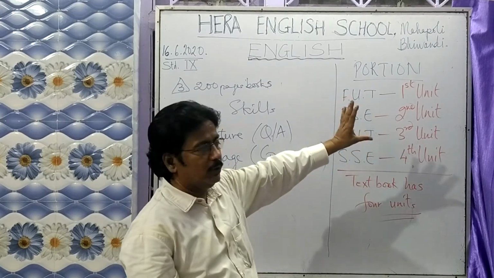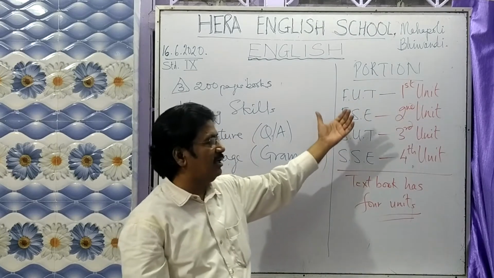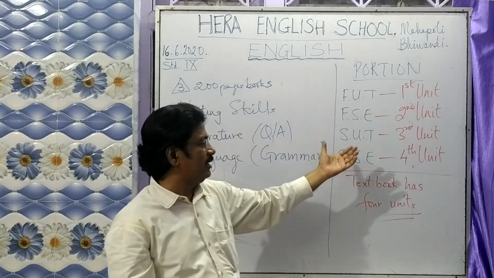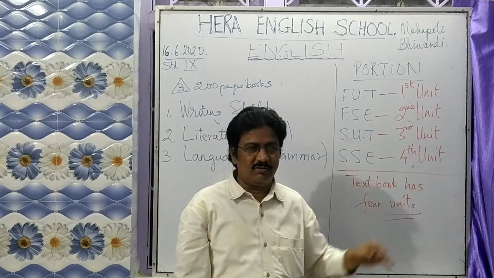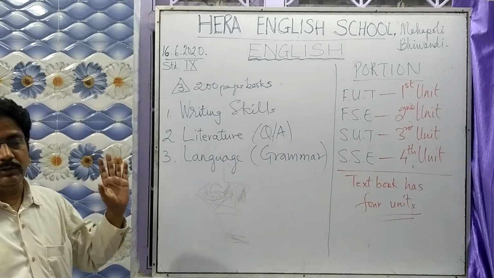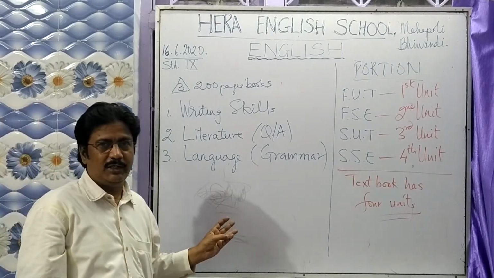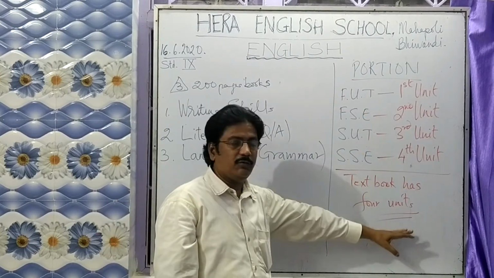This is your portion for the whole year. First unit test, first unit, first semester, second unit test, third unit, second semester, fourth unit. So this is it for today's lecture. I hope I have given you your format for the unit test and the semester exam. I have given you the portion also for the whole year.